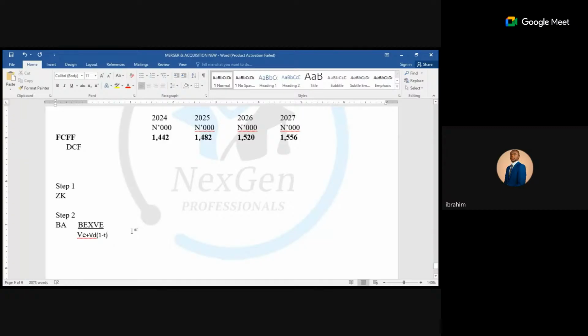Close bracket. So we were supposed to have plus beta debt, but because there's no beta debt, there's no 1 minus t. This is Miller and Modigliani proposition 2. There is tax in the question, sorry. Sorry, I thought it's 1.